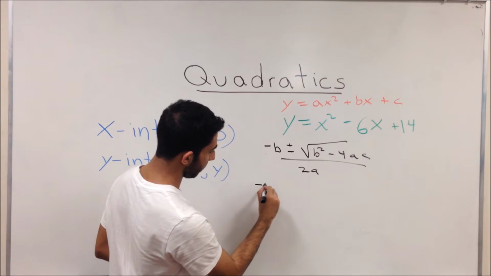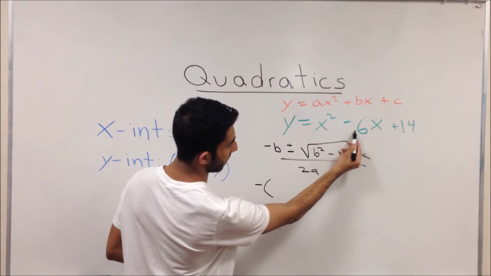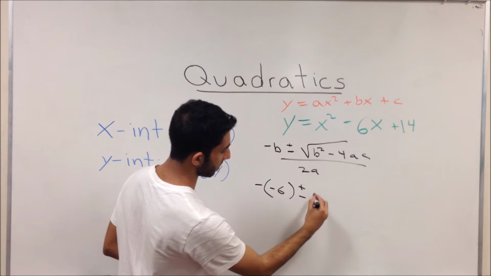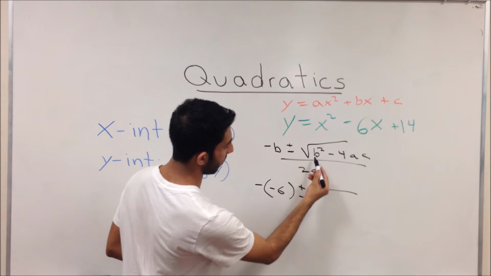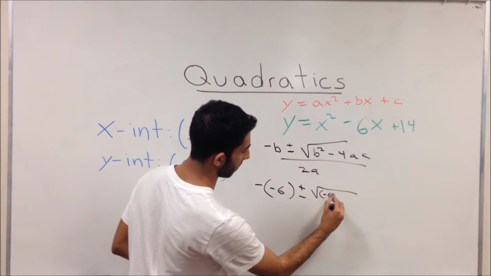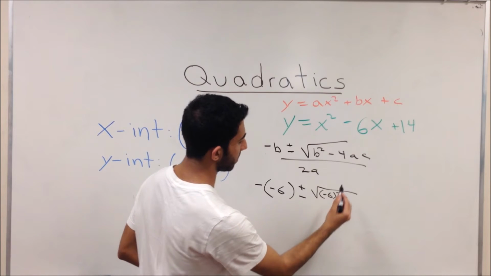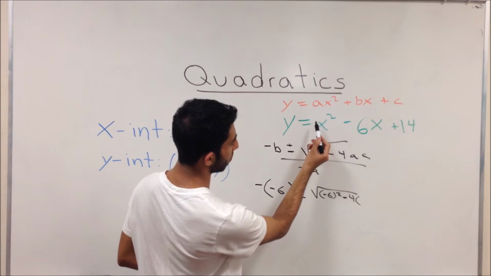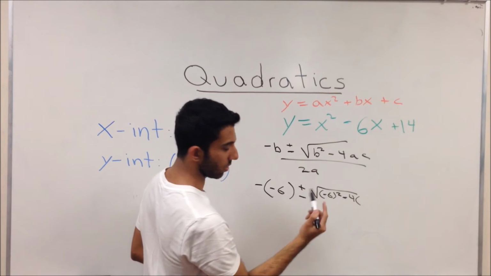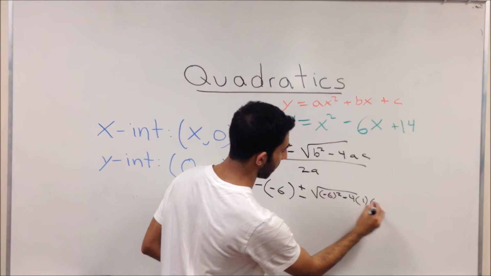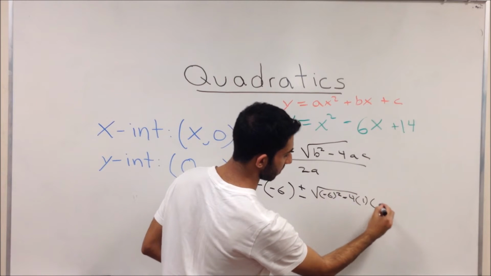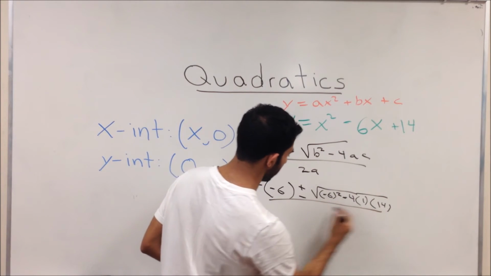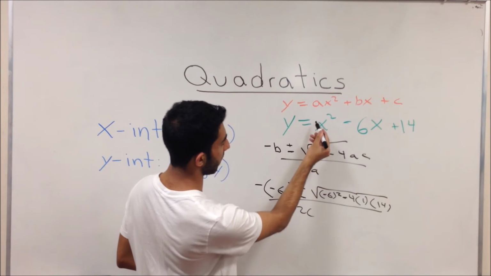So negative, you'll bring the sign for the negative 6 down here, so negative 6 plus or minus the square root of b squared, so negative 6 squared, minus 4 times a, so there's no number in front of x, hence it's a 1, times c, which is 14, all over 2 times a, which is again 1.